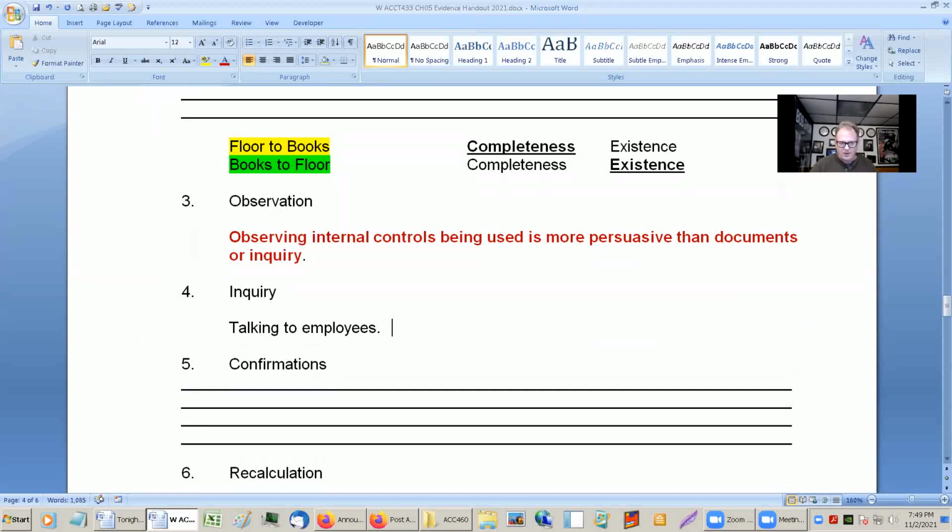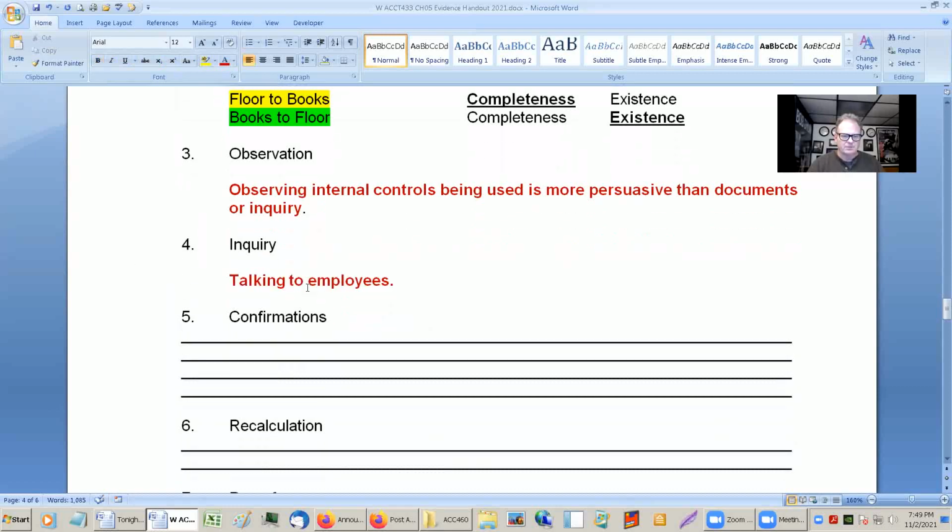And just my own observation is that talking to the people that are actually doing it is much more informative than talking to their supervisors or people higher up. That's not an AICPA thing. That's just my experience when I was doing audits: a lot of times the people that are actually doing the work are the ones that are more likely to give you the more relevant evidence that you need.